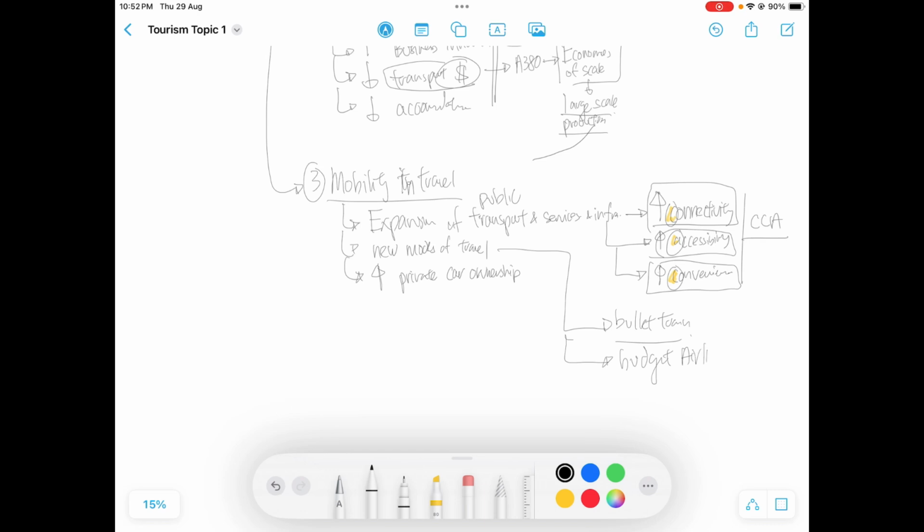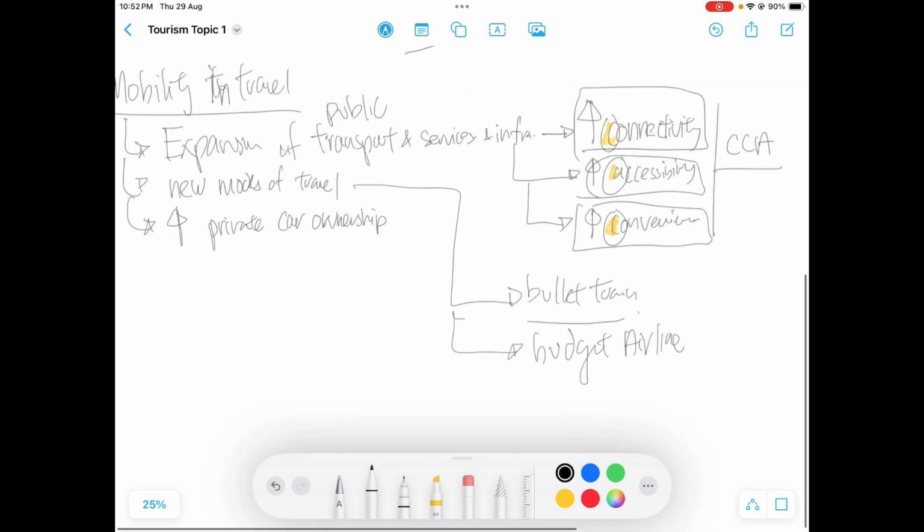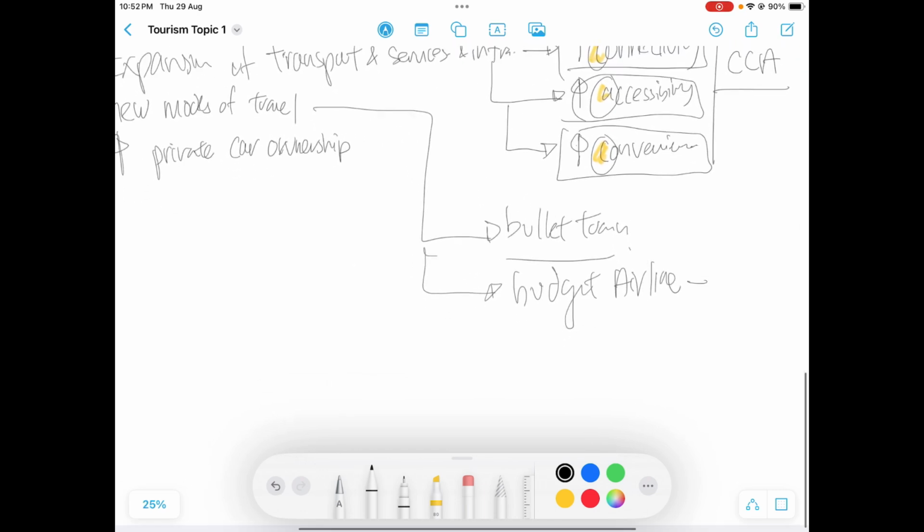Okay, the budget airline is a pretty new concept. What does it allow? It allows low cost traveling, so which means bulk traveling. It actually allows people to spend less and still travel at the same time. So this allows more travelers and an increase in the demand for traveling, right?